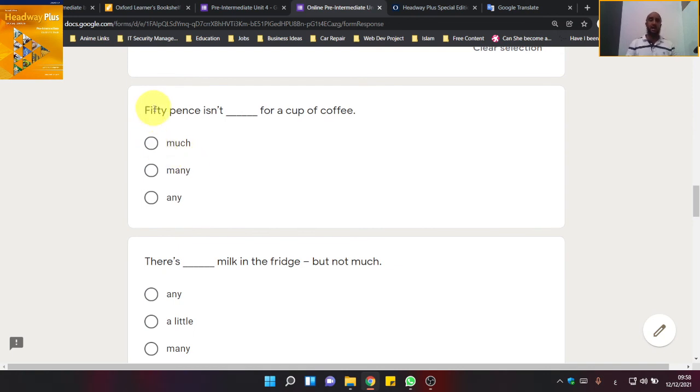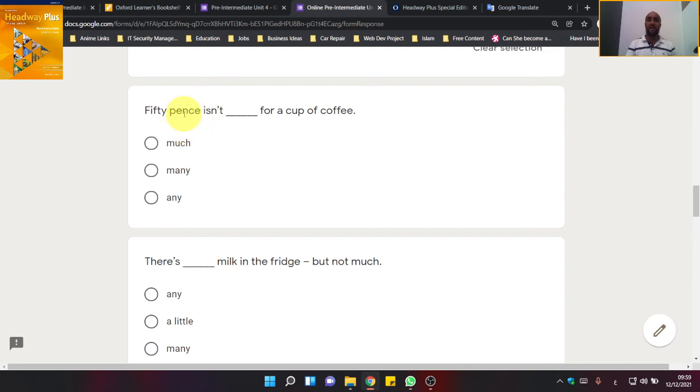Okay, here we have 50 pence isn't. So this is talking about the actual coin, British coin, 50 pence, for a cup of coffee. And if you noticed, we're using the word isn't here. So usually if you see isn't, you should think about the uncountable.